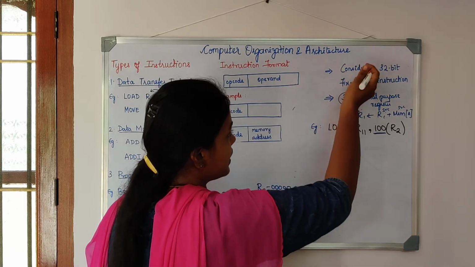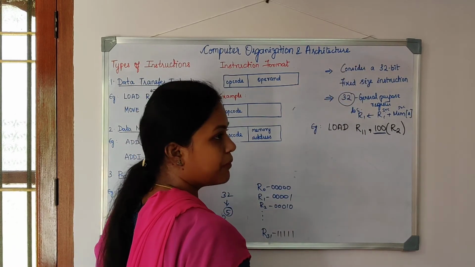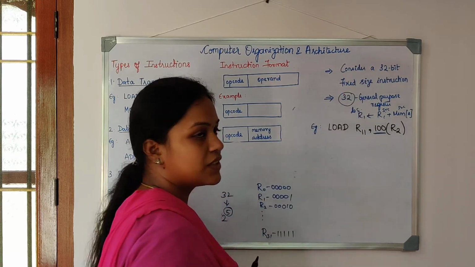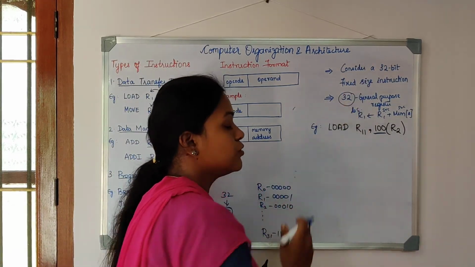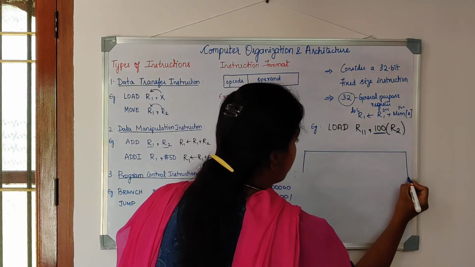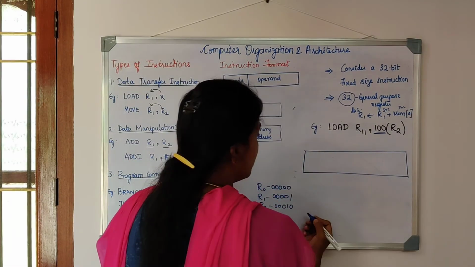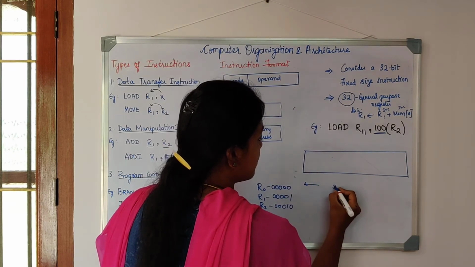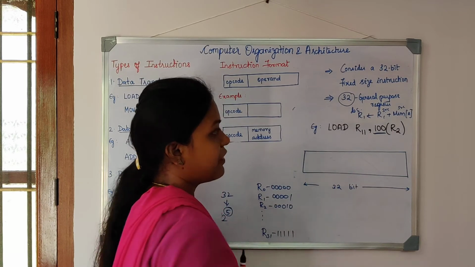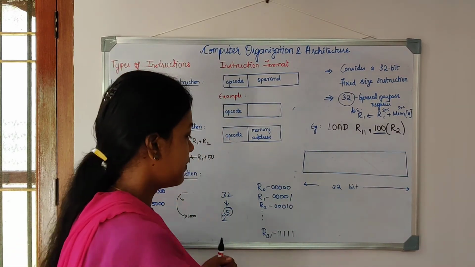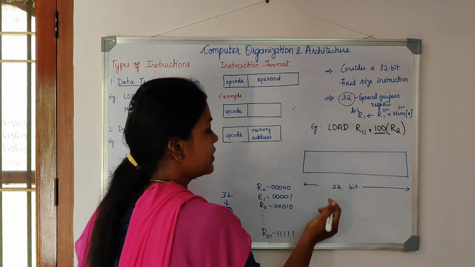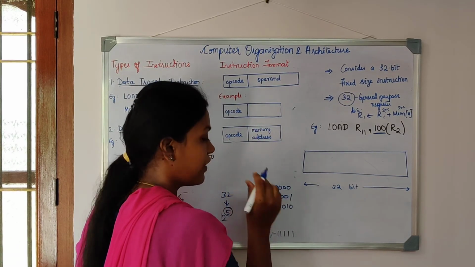So again, we'll take the same prerequisites. The instruction is a 32-bit fixed size instruction, and there are 32 general purpose registers available. Now let us frame the format for this instruction. So the total size of this instruction will be 32 bits. As 32 general purpose registers are available, the number of bits required to represent each register is 5 bits.